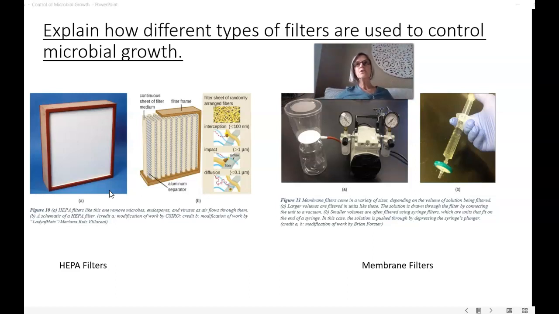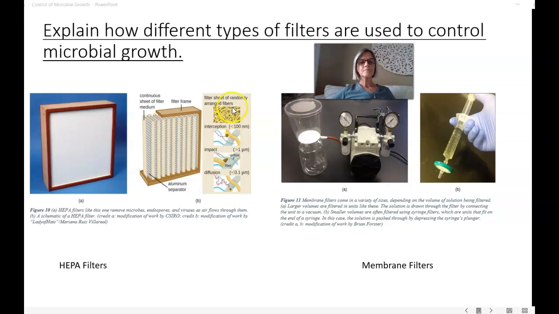If you have a room where you have somebody in quarantine because they have an infectious respiratory disease, that air is going to be filtered as it goes out of the room. And so again, that would go through a HEPA filter. Here they're showing you some different kinds of HEPA filters, and you don't need to know the details here.